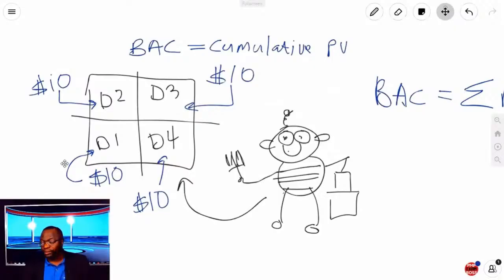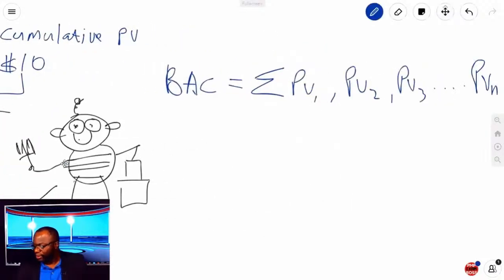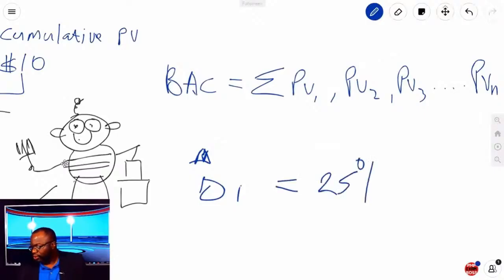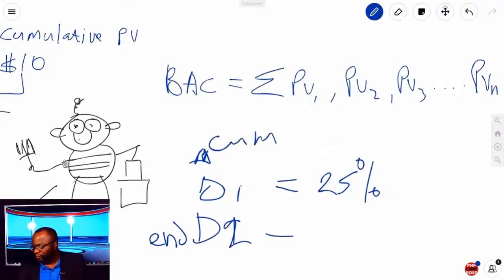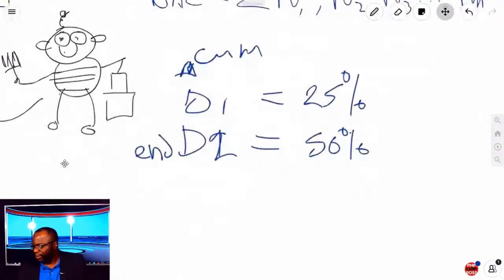So day 1, you could think of it like this. If Herman was going to do a milestone chart, he would say, day 1, I'm going to get 25% of the work done. By the end of day 2, and this is of course cumulative, he would have gotten 50% of the work targeted complete.